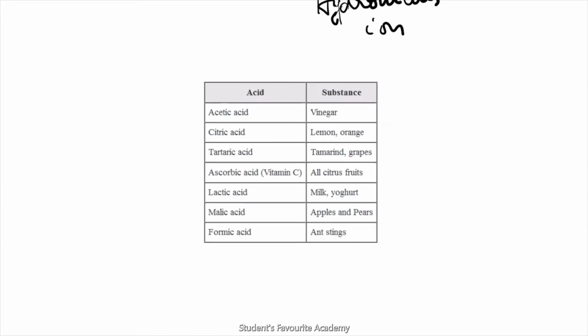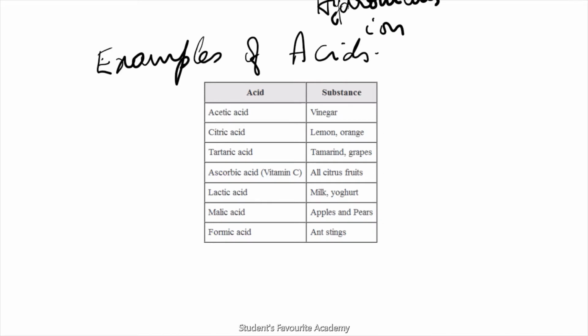Now, examples of acids. You have so many examples: hydrochloric acid, sulfuric acid, nitric acid, acetic acid. Acetic acid is what you use at home as vinegar. Citric acid is in lemon juice and orange juice.